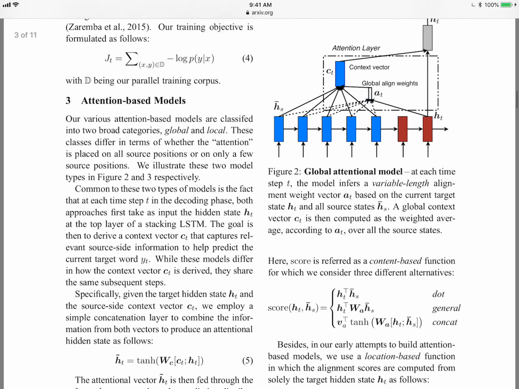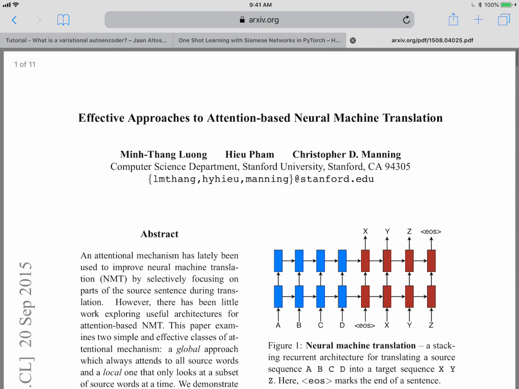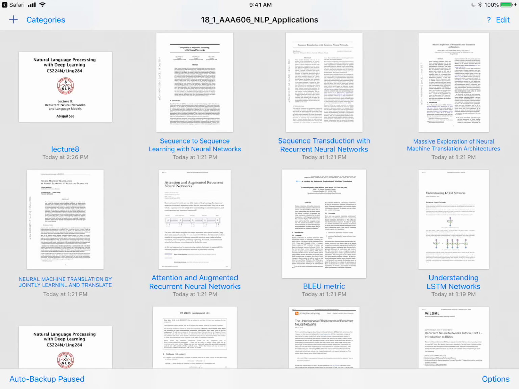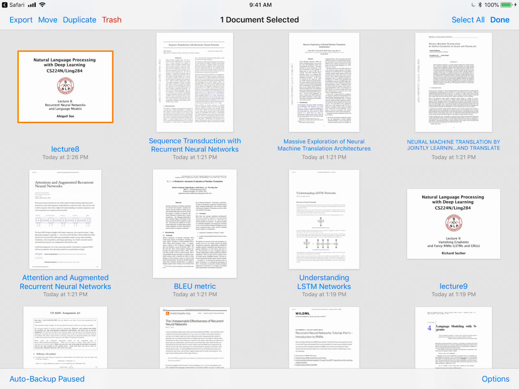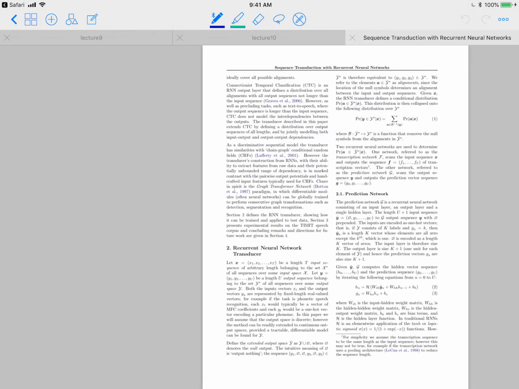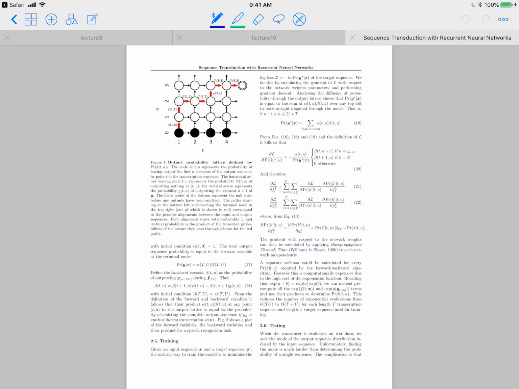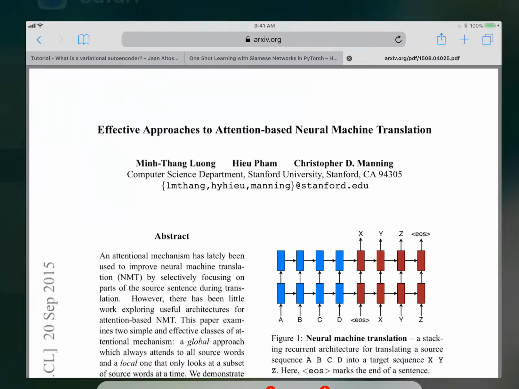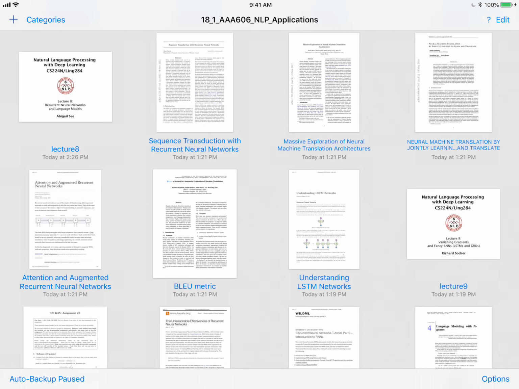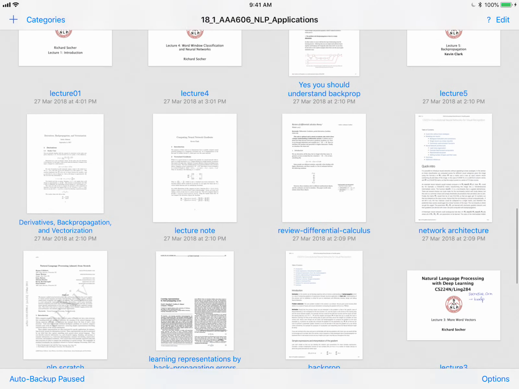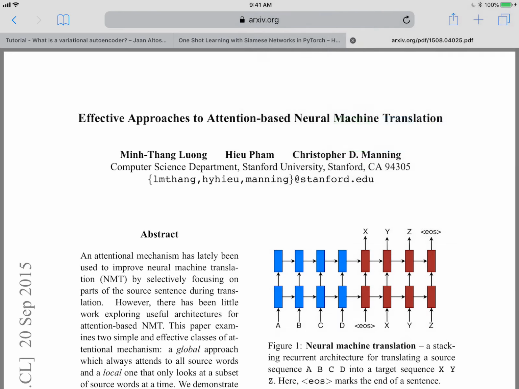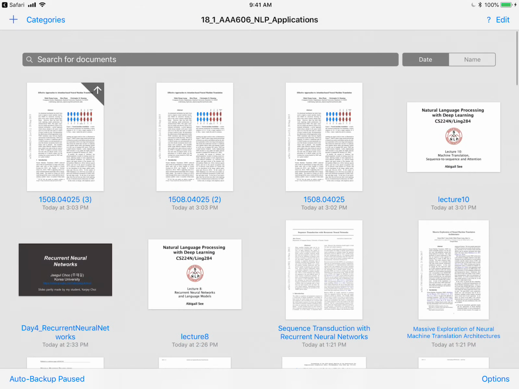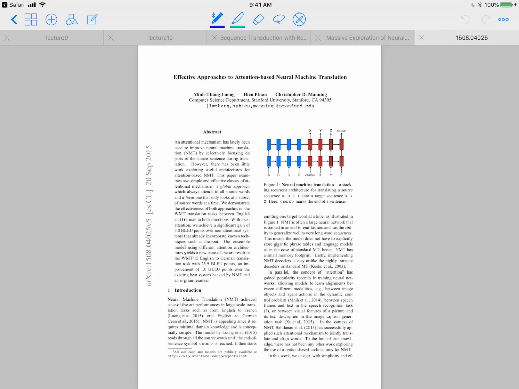Yeah, I think it's this one. Okay, yeah.